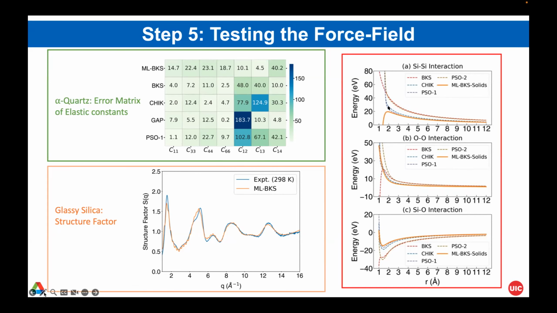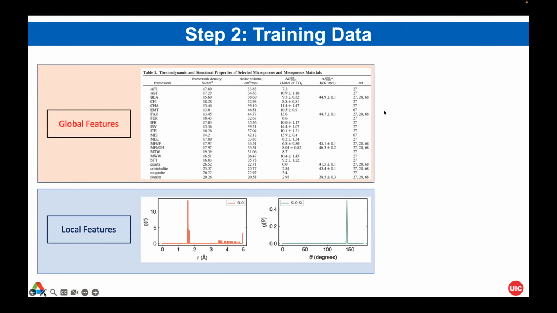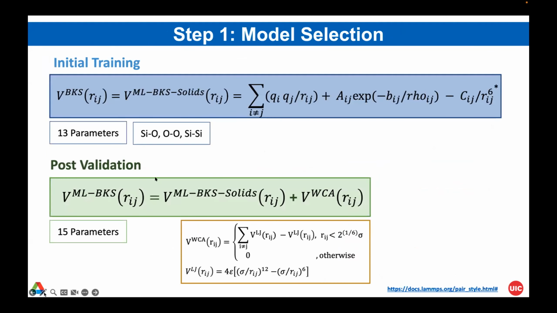And to address this, this is what I was mentioning in the first model selection process. We have added an additional LJ term, a WCA parameterization, where we just reject the attractive part of the model and add in the repulsive part. So we just add 2 additional parameters.